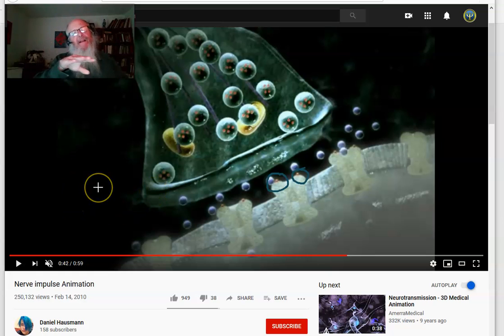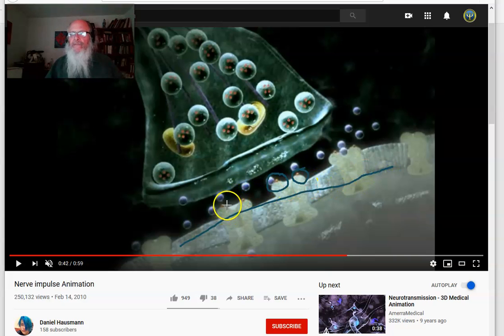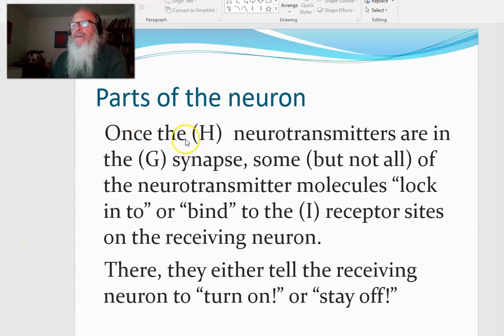One thing that is good about this animation is that it shows that when these red dots, these neurotransmitter chemicals, find the receptor sites on the receiving end of the next neuron, these particular neurotransmitter chemicals cause these gates to open.